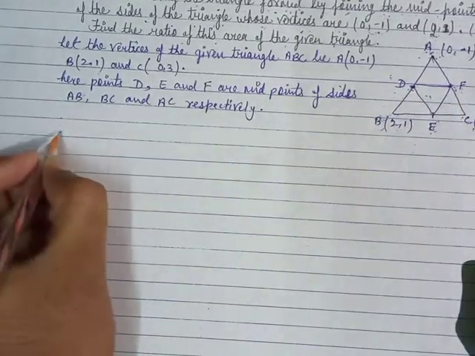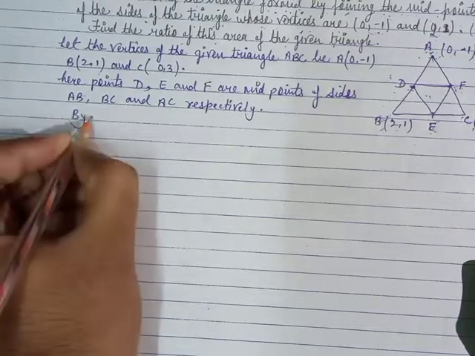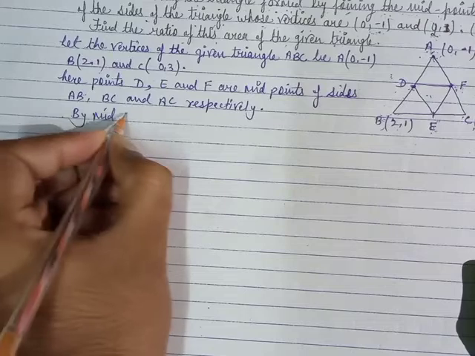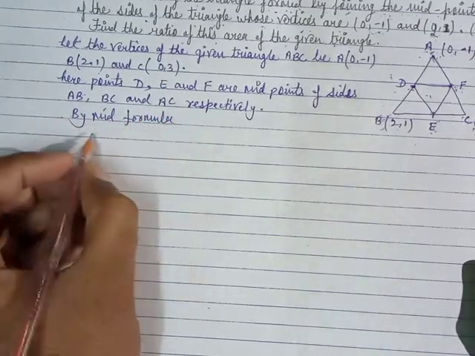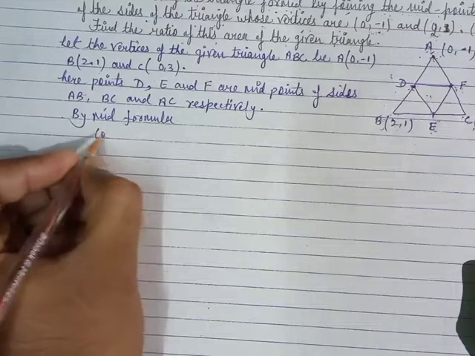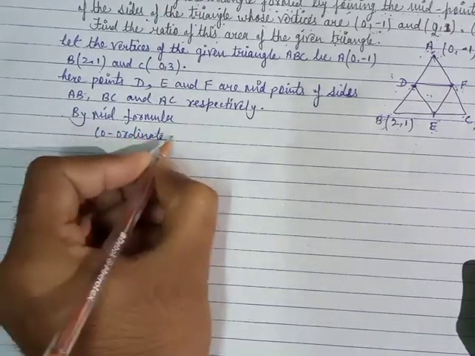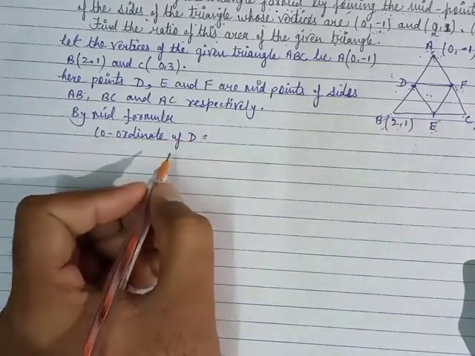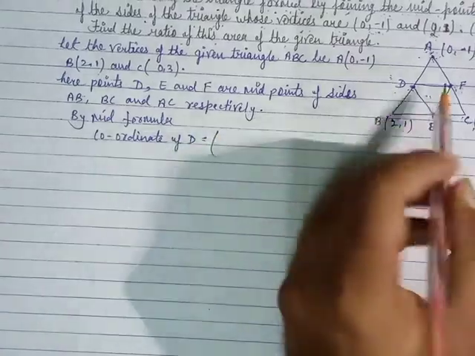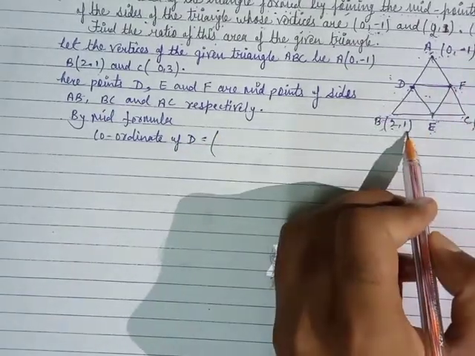By the midpoint formula, the coordinates of D will be (x1 plus x2 upon 2, y1 plus y2 upon 2).